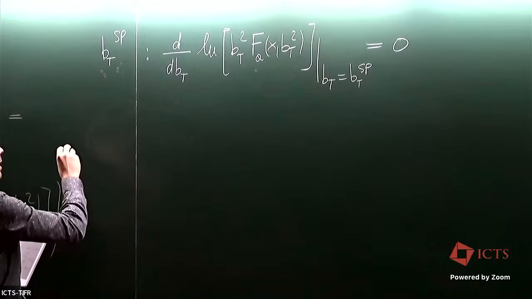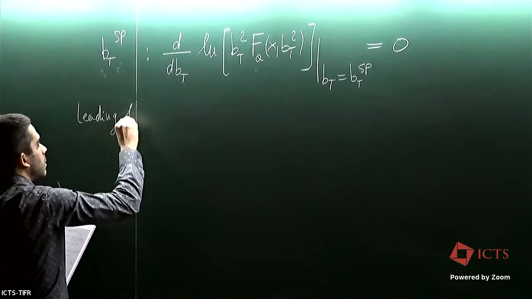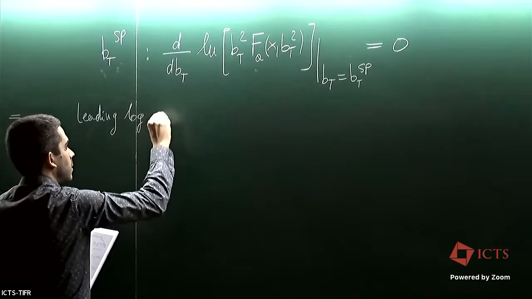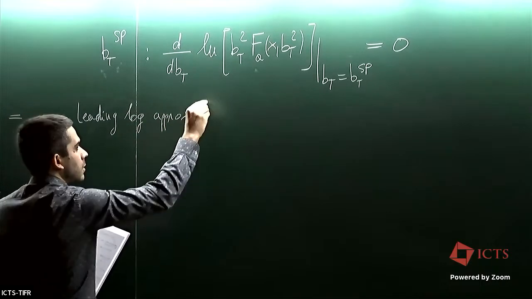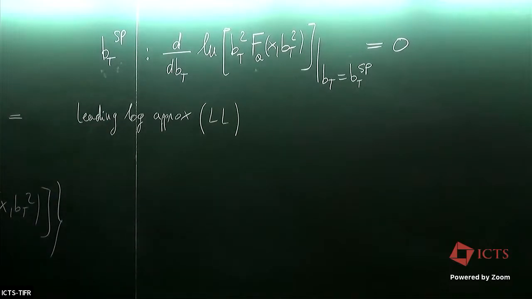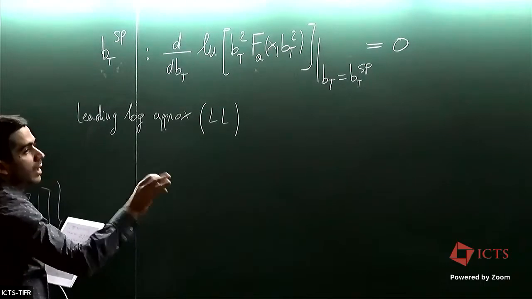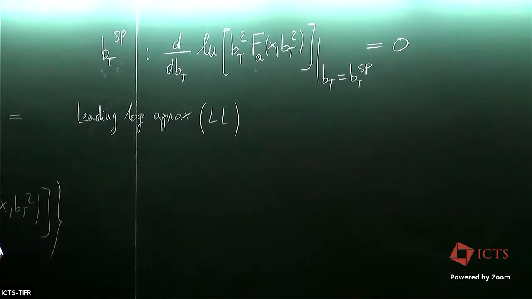So if you work at the so-called leading log approximation, only the leading order term in the gamma cusp anomalous dimension survives, and everything else can be neglected.